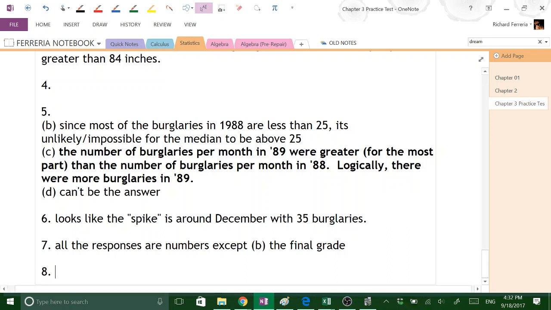Let's look at 8. When drawing a histogram, it's important to have separate class intervals for each observation to get the most informative plot. That doesn't make sense, right? That would mean that if you have 100 responses to your poll, you're going to create 100 different bars.